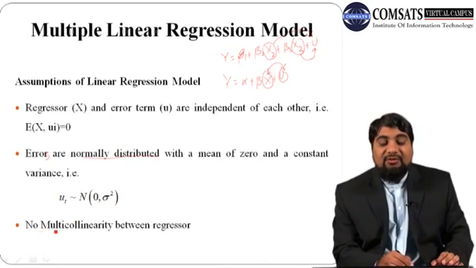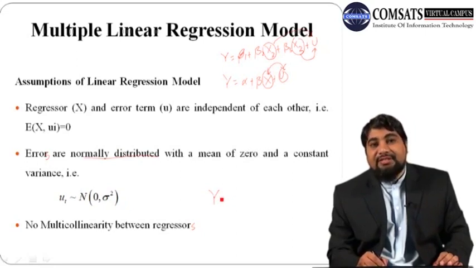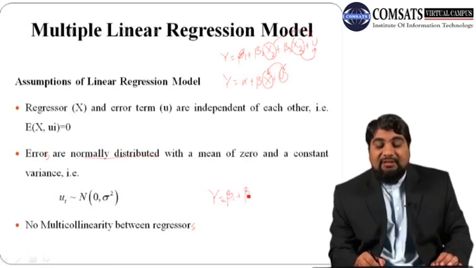And last assumption is no multicollinearity between regressors. So this assumption is valid only in case of multiple linear regression model. So no multicollinearity between regressors means no link between regressors. So let me explain it by considering a multiple linear regression model.